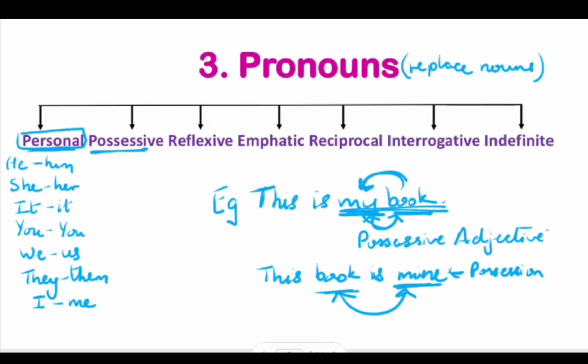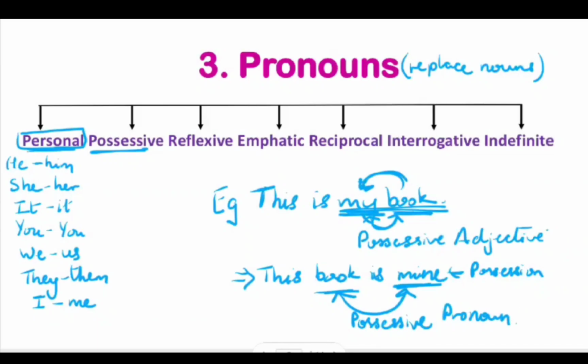Hence it is a possessive adjective. But here in the second sentence, the word "mine", which is a possessive word, is lying apart from the word book. It has a gap of at least one word in the middle. Hence, this will then be called a possessive pronoun.